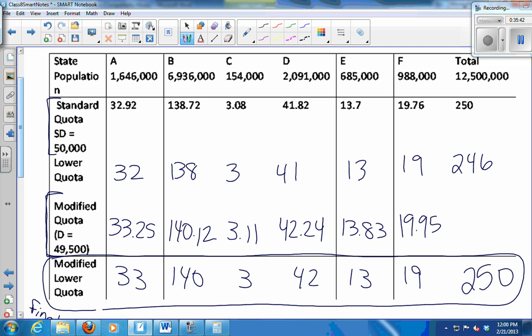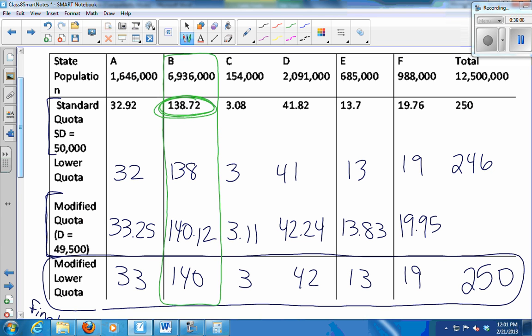State B. So I just want to highlight what happened in state B. What is their standard quota? 138.72.